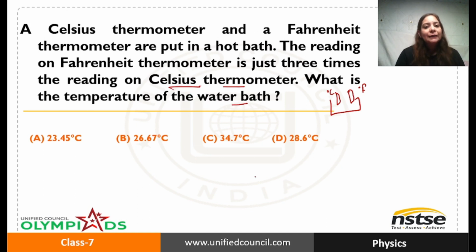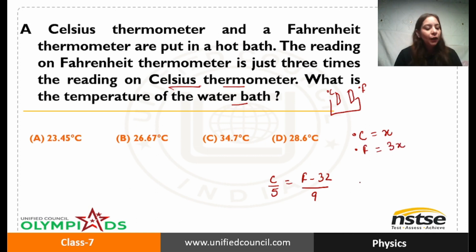We know that Celsius and Fahrenheit are interrelated by this relation. Here in this case, we are not aware of the temperature that we are getting on the Celsius scale, so let's assume it to be X. For Fahrenheit, it is 3 times the reading we obtain on the Celsius scale.